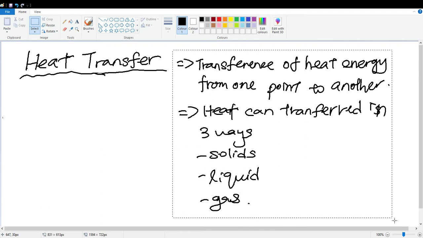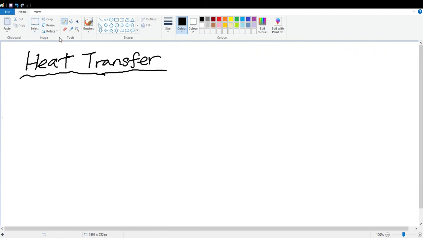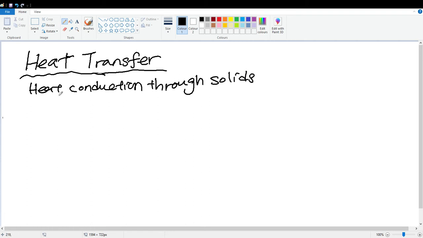Alright, so at first we are going to discuss heat conduction through solids. Heat conduction through solids consists of two ways.